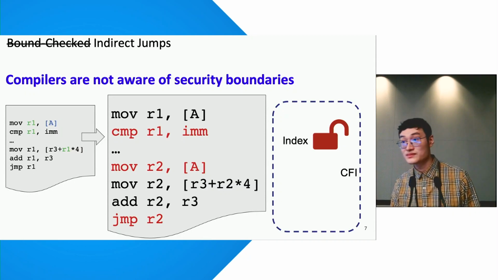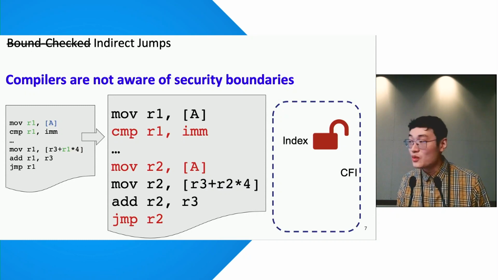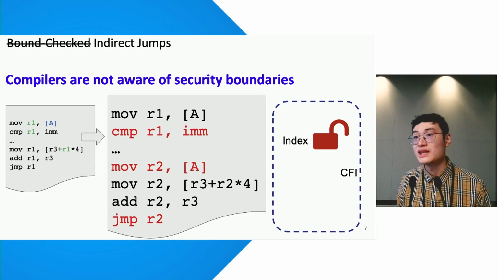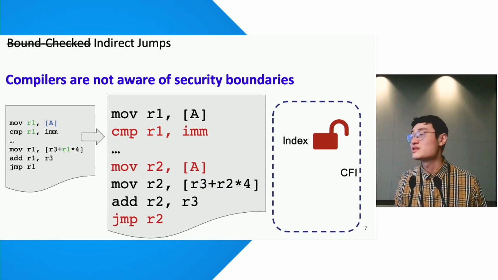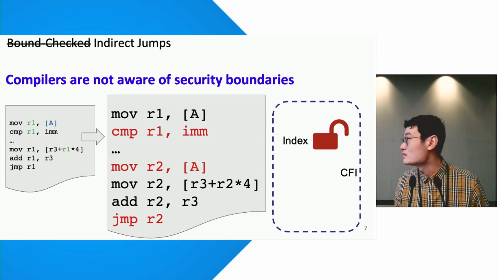So just to make it clear, you didn't use any techniques to try to lengthen the window in your proof of concept attack? Yeah, we didn't use that. We just performed the proof of concept, and we know there may be some techniques where you can slow down the page table to make the time window longer, but we didn't do that.